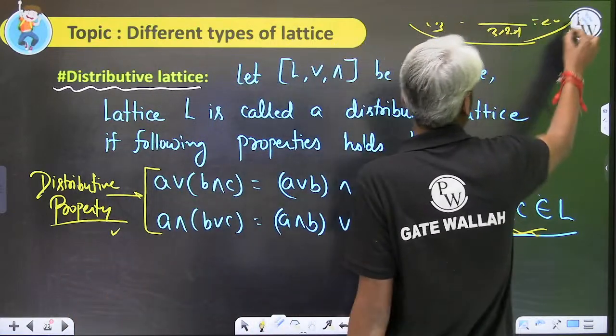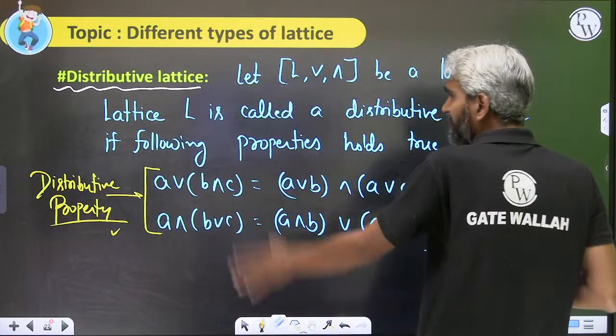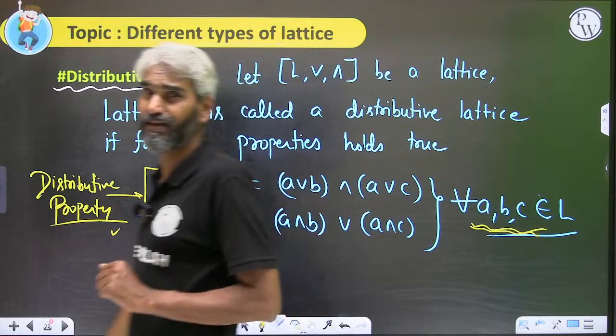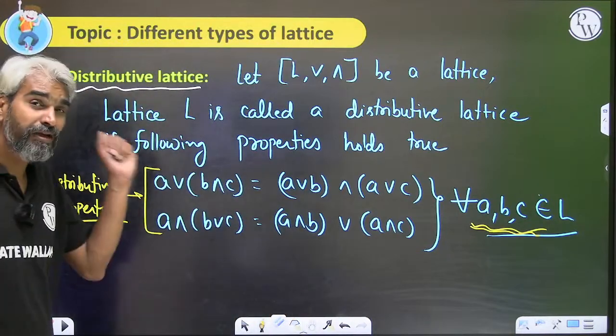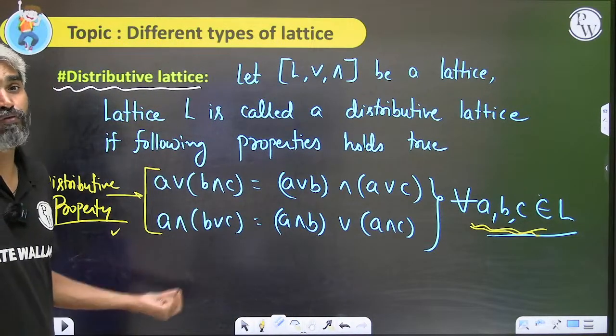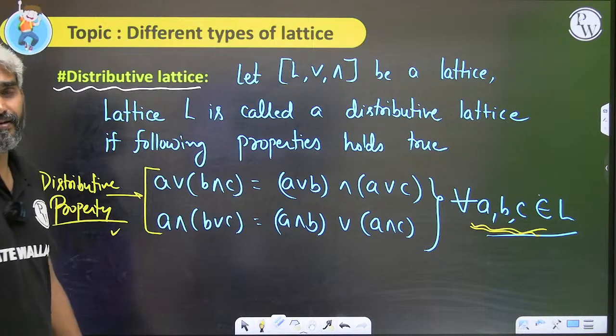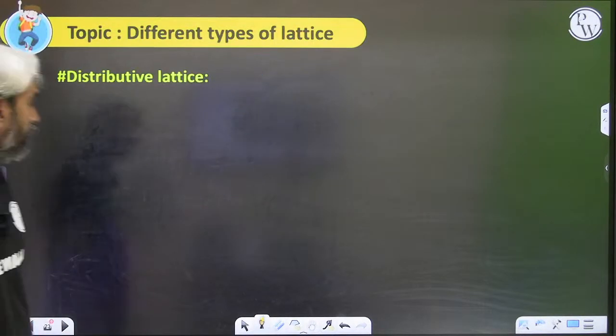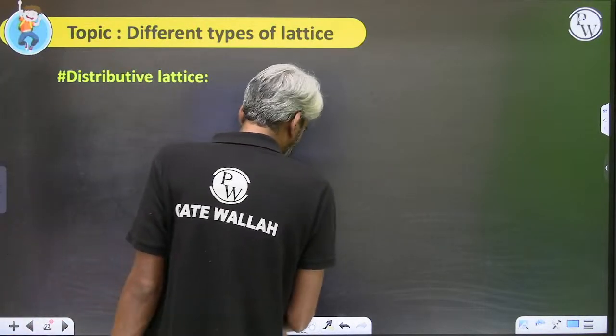It's fine that this is the basic definition of a distributive lattice, that a lattice will be called a distributive lattice if the distributive property holds true for every triple of that lattice. But to solve the equations, what will we do?